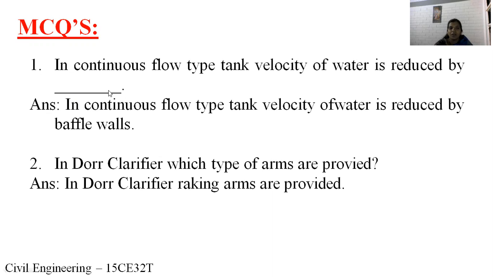Answer, in continuous flow type of tank, the velocity of water is reduced by baffle walls. Question number 2, in Dorr clarifier, which type of arms are provided? Answer, in Dorr clarifier, raking arms are provided.